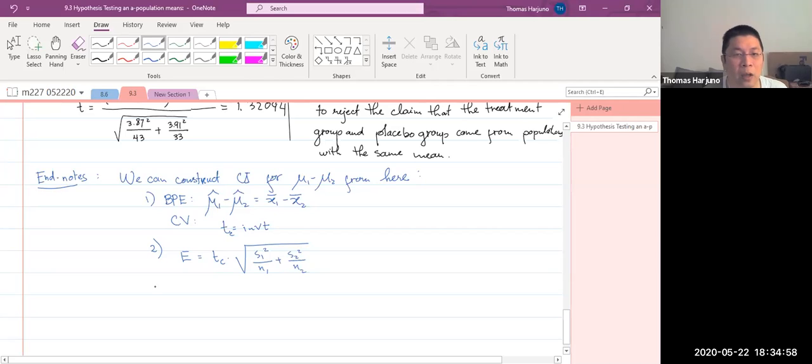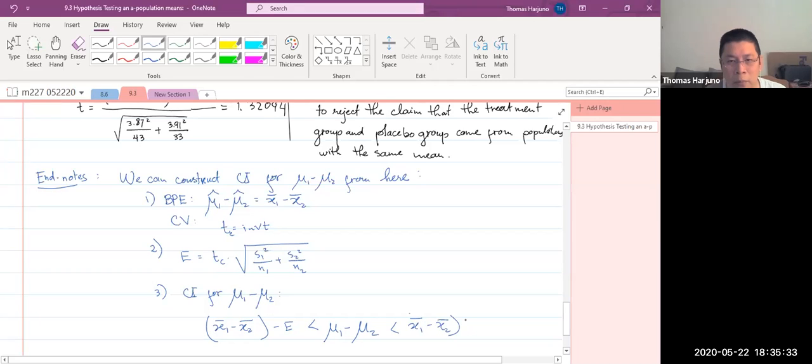And then the third one is the confidence interval for mu1 minus mu2. The declaration is given by the best point estimate x1 bar minus x2 bar, minus margin of error, less than mu1 minus mu2, less than x1 bar minus x2 bar plus margin of error.